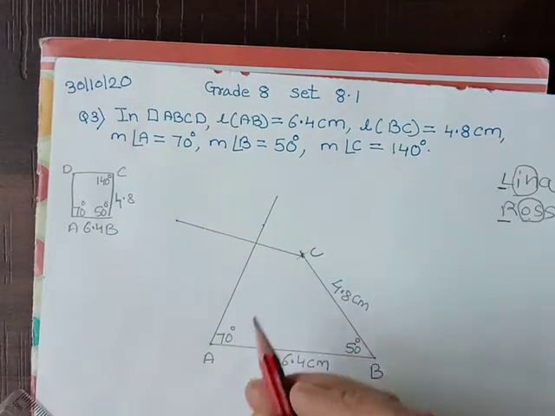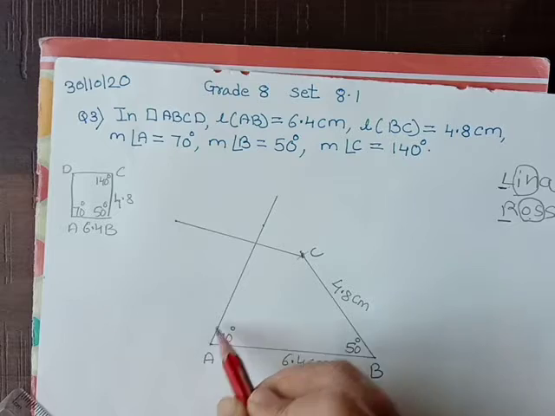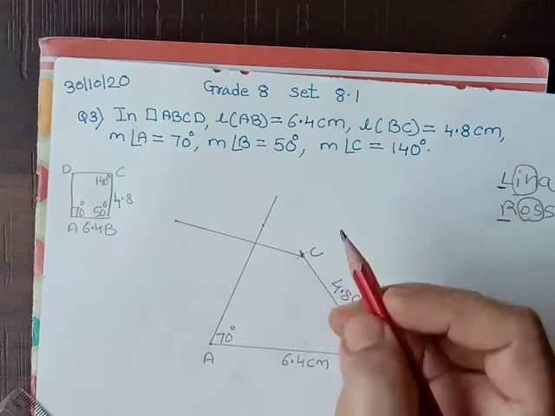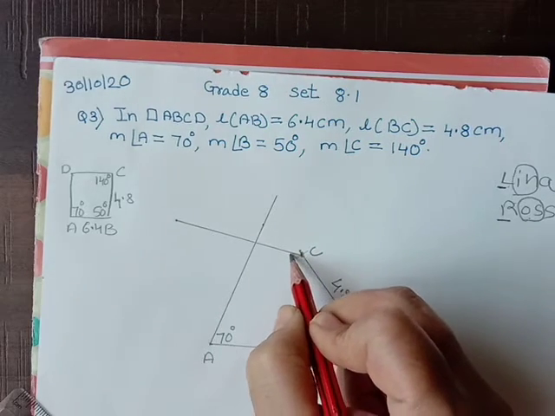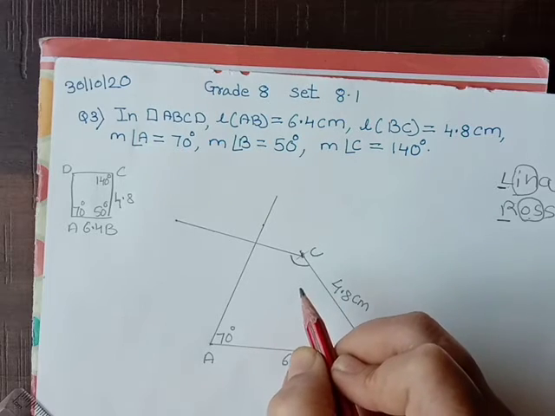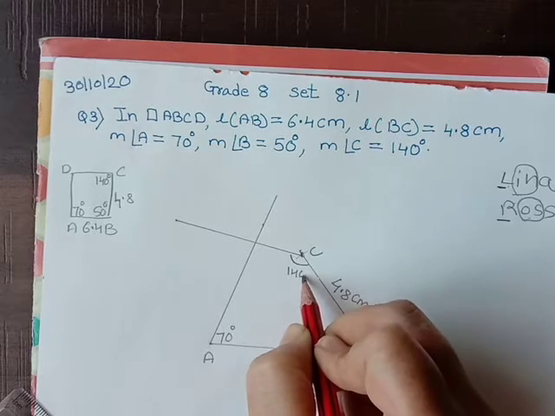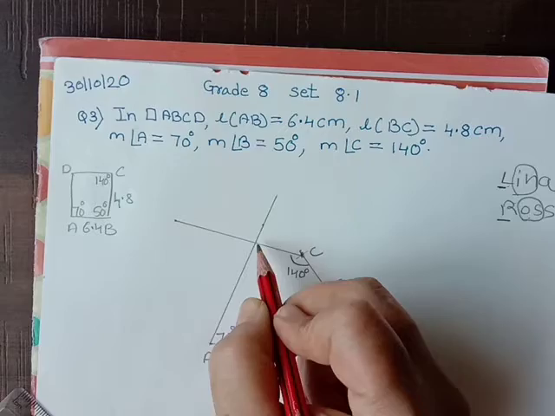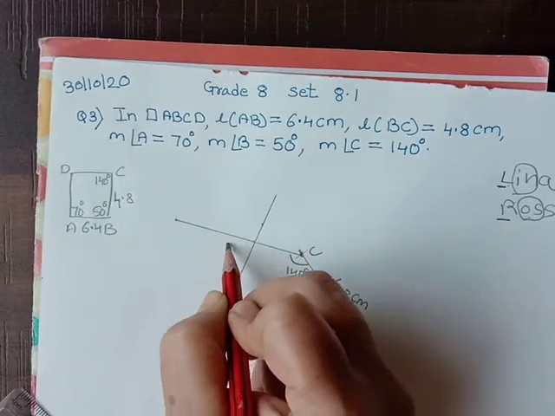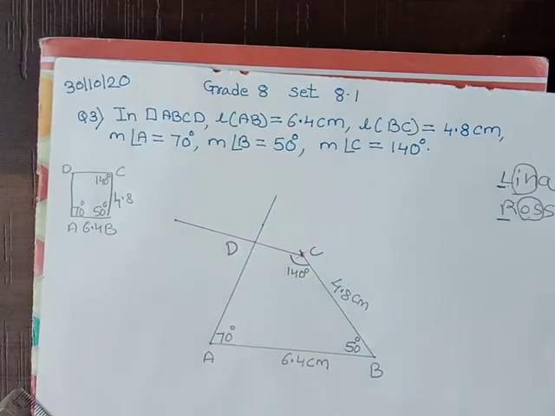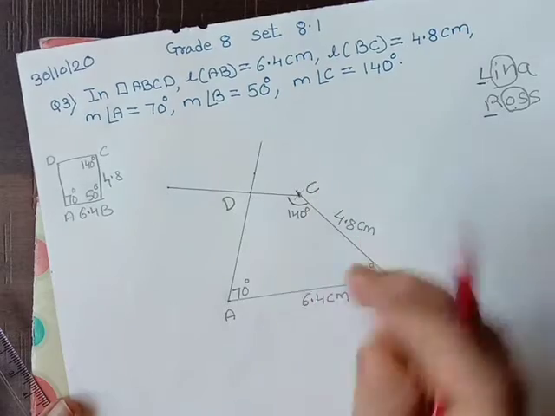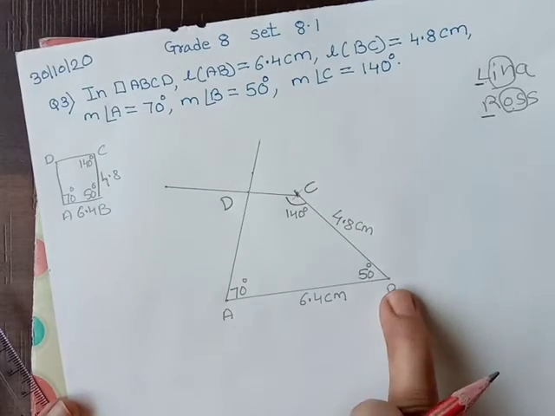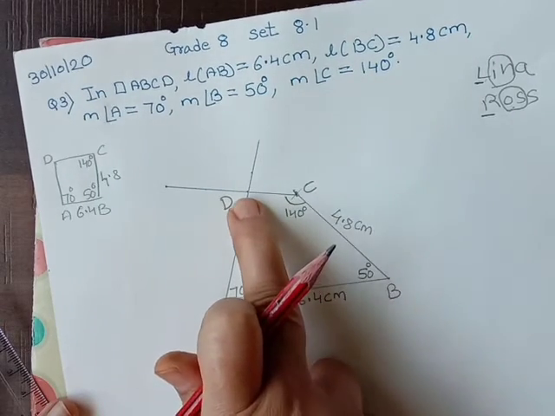So this is 70 and this is 140. The angle which you have drawn is 140 degrees. And where these two rays are intersecting each other, this is your point D. So which is the required quadrilateral? A, B, C and D.